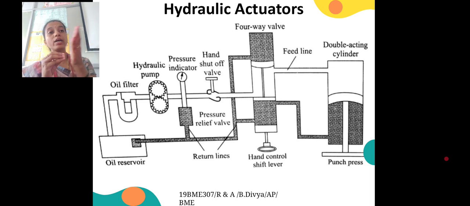By using the feed valve, we have the four-way valve, right? In that the oil gets pressure and is moved on to the double acting cylinder. There it will be pressurized again and moved to the return lines using the hand control shift lever. The pressured oil will be moved on to the four-way valve again and then from there moved back to the oil reservoir using the return lines.